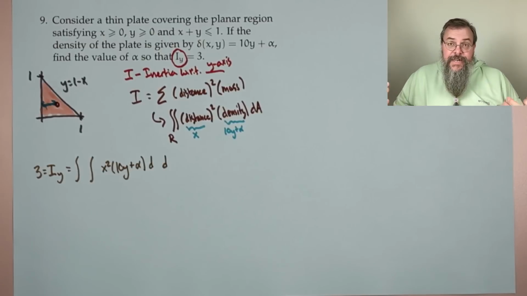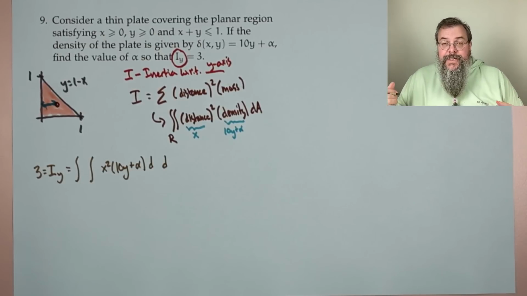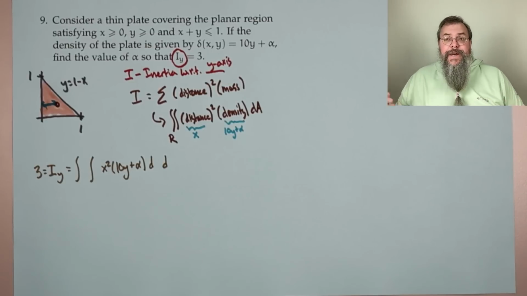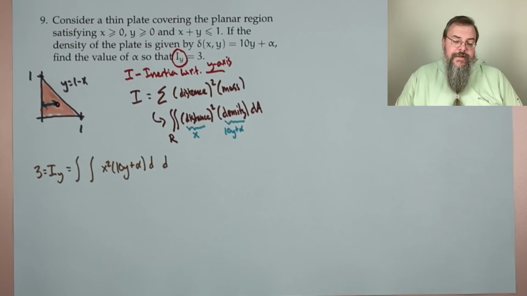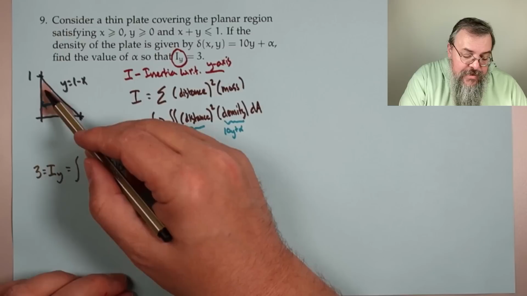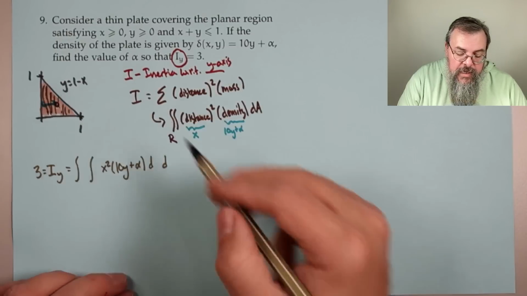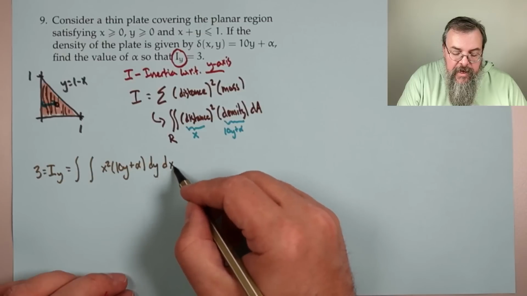So it's an iterated integral. How do we integrate? Well, we can choose, right? And it's not going to be too bad. It's polynomial. I would say let's do our typical slice up and down, and that means integrating dy dx.